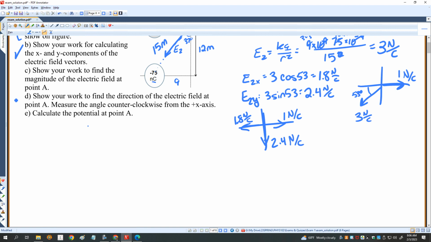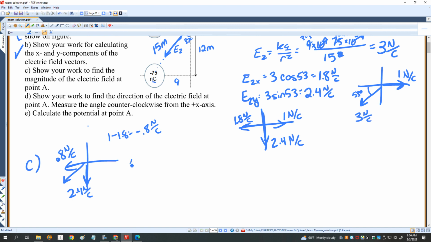Show my work to show the magnitude of the electric field. I'll do it over here. So first I want to combine my electric field components. So I have 1 minus 1.8. That's equal to negative 0.8 newtons per coulomb. So my x component over here is 0.8 newtons per coulomb, and down here it's 2.4 newtons per coulomb. My resultant vector is going to be in that direction.